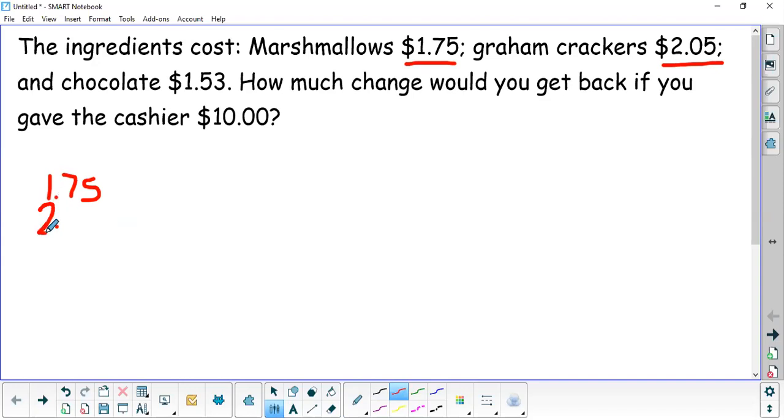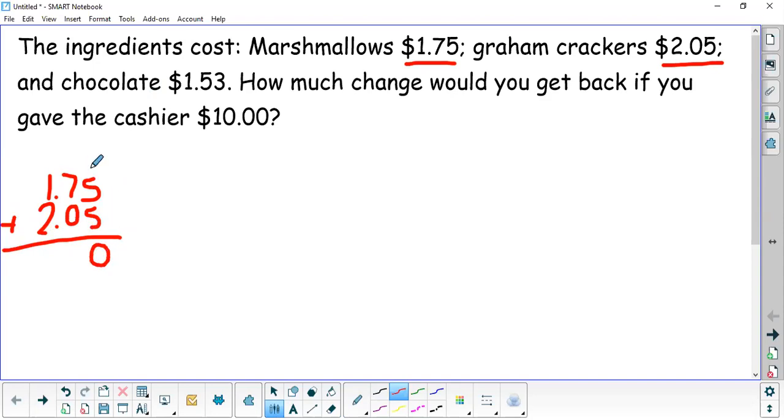So $2.05, because we want this as lined up as possible. Of course, it's not going to be perfect on this screen, but if you turn your paper around to where you see columns instead of rows, that can help you too. So 5 plus 5 is 10. And do we have room for 10 in this spot?